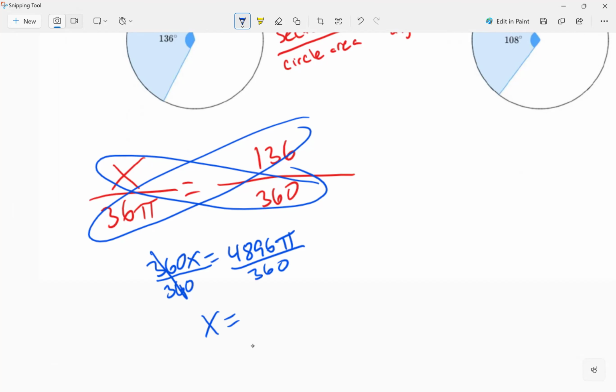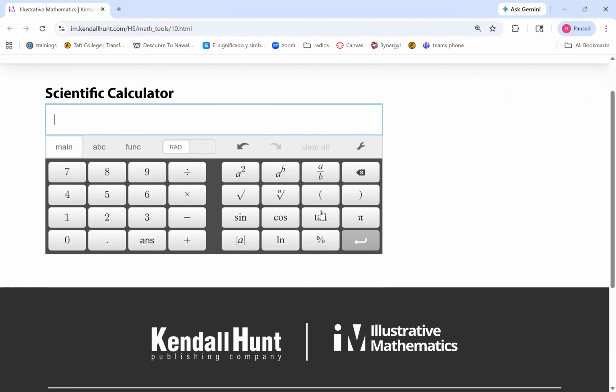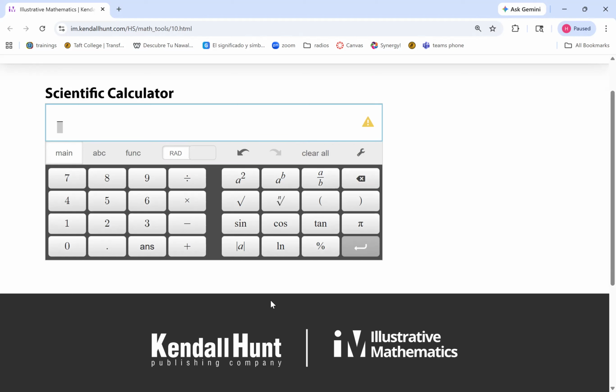Let me bring up my calculator. I have a fraction, so I'm going to type in my fraction: 4,896 times pi.